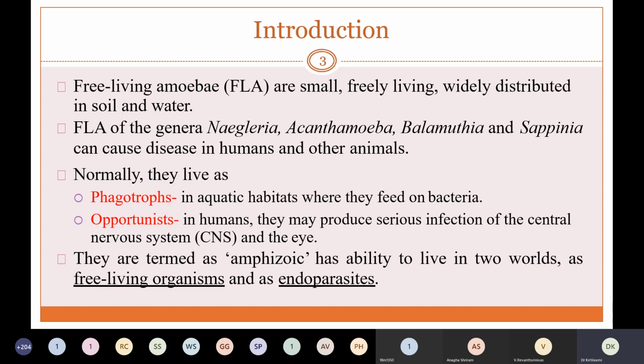You know that amphibians can live both on land as well as in water. Same thing here: they can live as free living organisms as well as endoparasites within human beings. So that is opportunists.